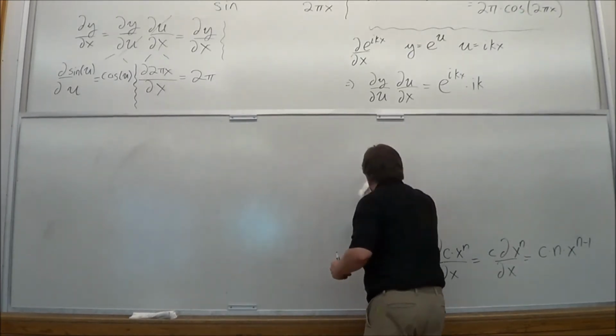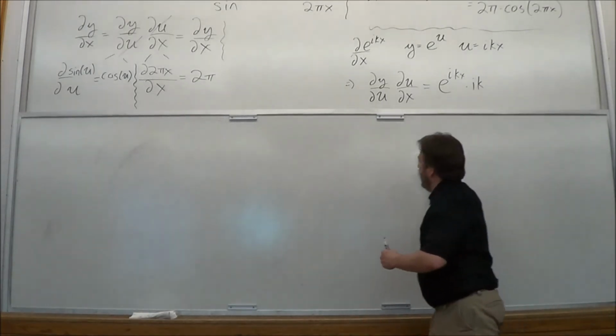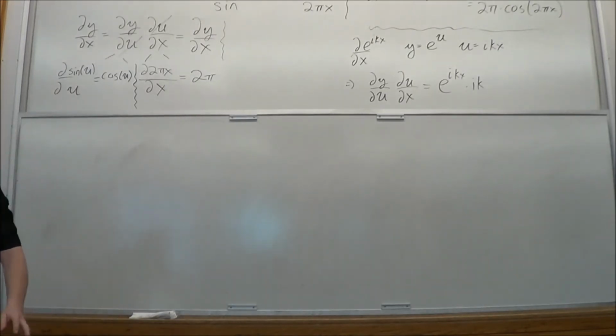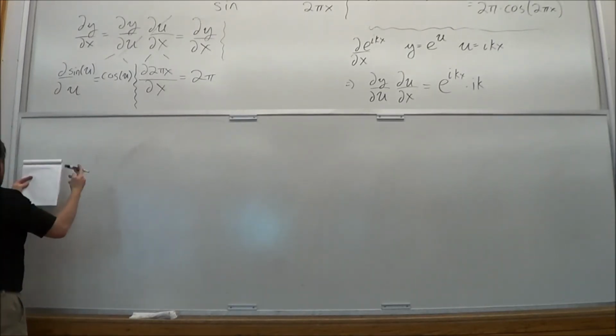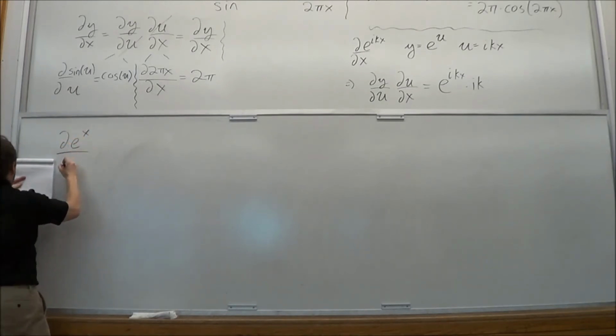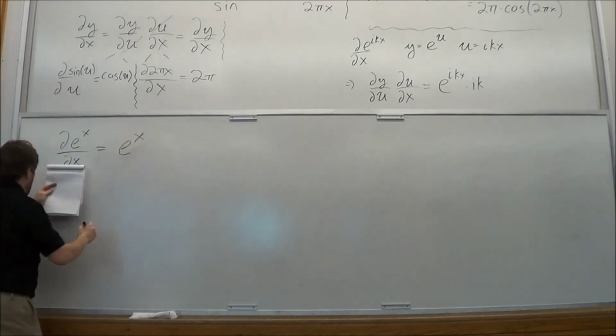This is not on a test, but it's going to help a lot to know where things come from, even if you don't need to know that. So I'll go back to the language of x as opposed to u's, which is a bit more familiar. Why is this true?